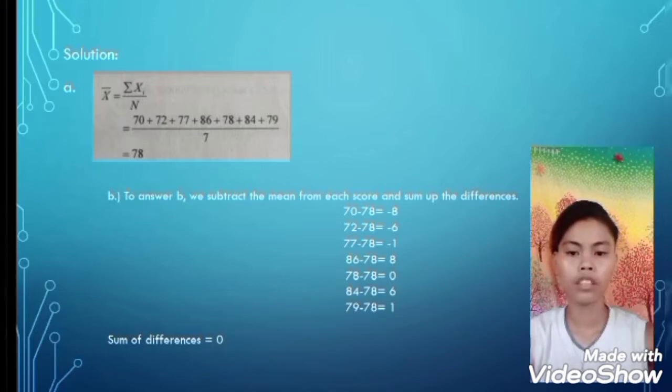The sum of the scores is 70 plus 72 plus 77 plus 86 plus 78 plus 84 plus 79, over the total frequency, which is 7. You need to add the scores and then divide by 7. The mean of the ungrouped data is 78.